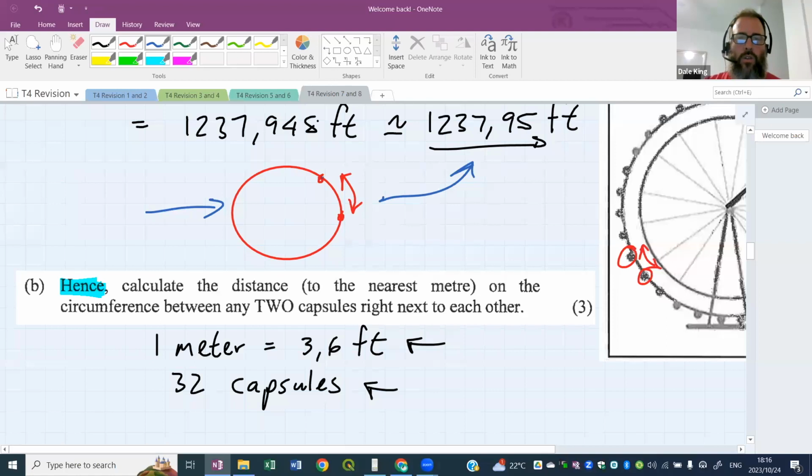On that red circle there are little capsules, the blue dots I've circled. They want to know the distance between two of these, remembering there are 32 of them. So it's the distance on that red line between those two points, in meters.